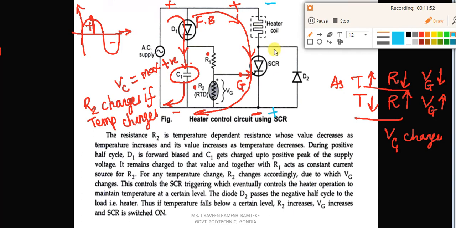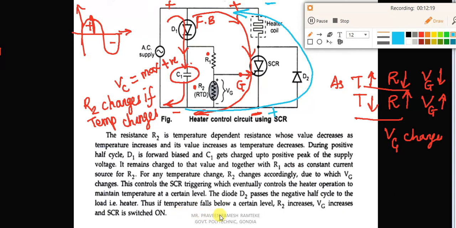The diode D2 passes the negative half cycle to the load, that is the heater, because the SCR is now reverse biased. So the diode D2 will conduct.